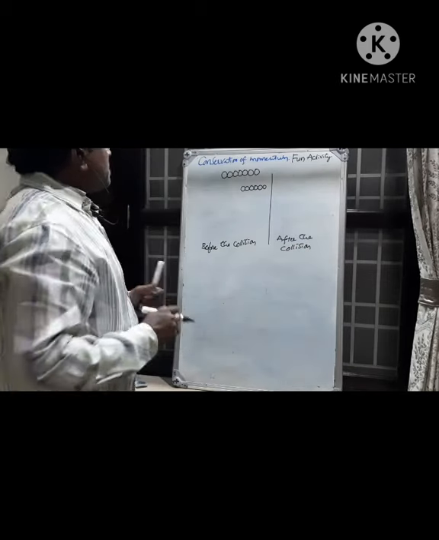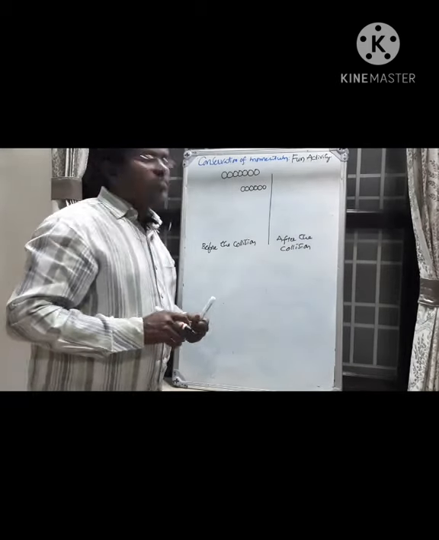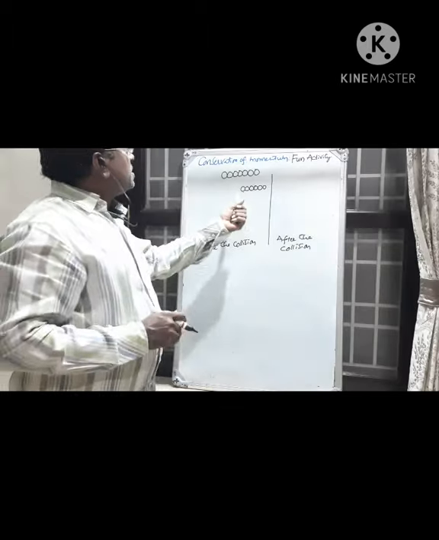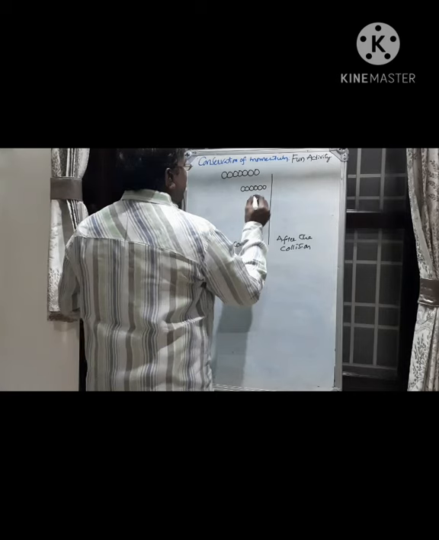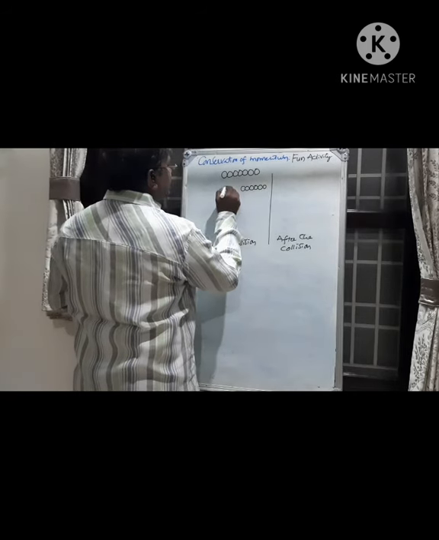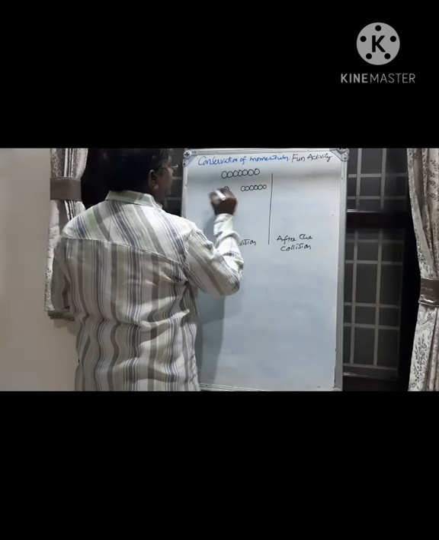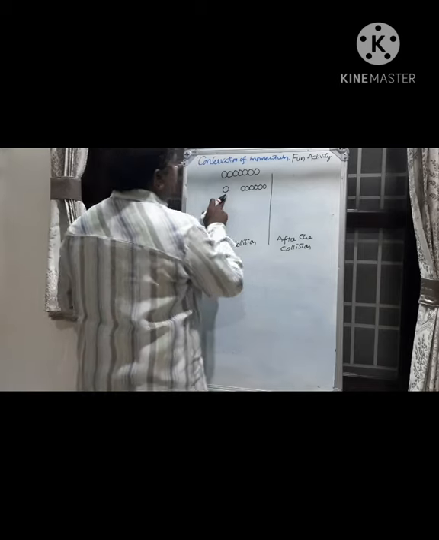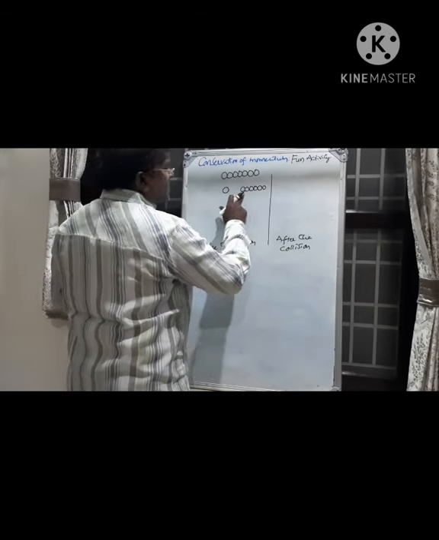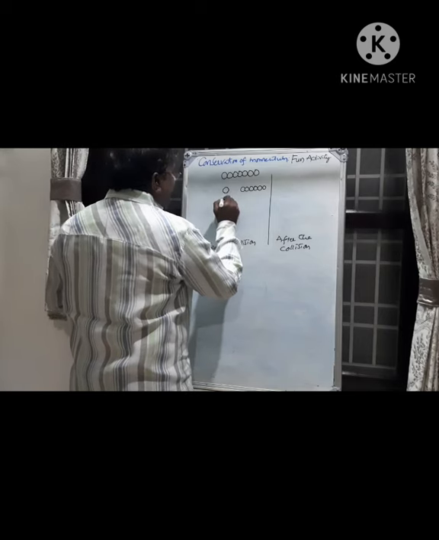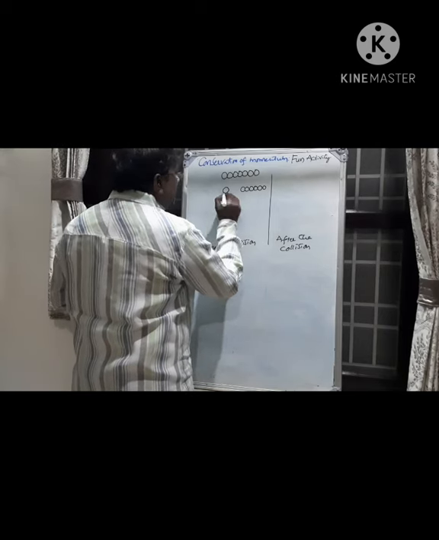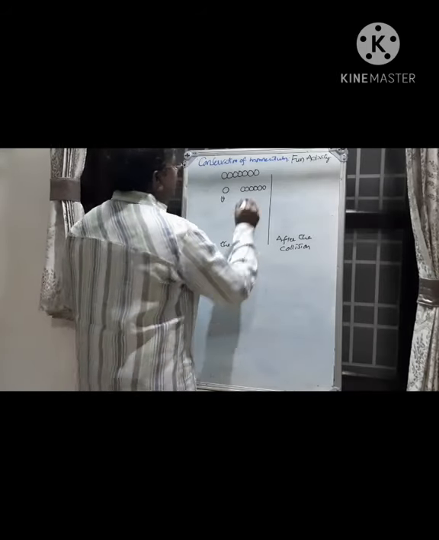So let us try to calculate the total momentum of this system before the collision and after the collision. See, before the collision it was like this. This coin hit the 6 coins. The initial velocity of this particular coin is, let us say, V.